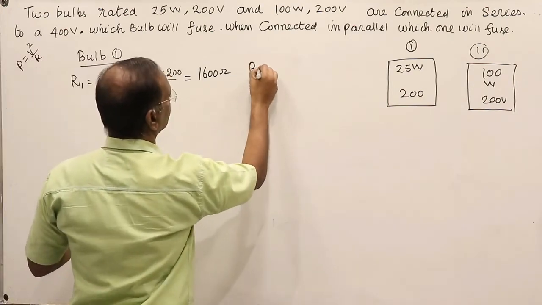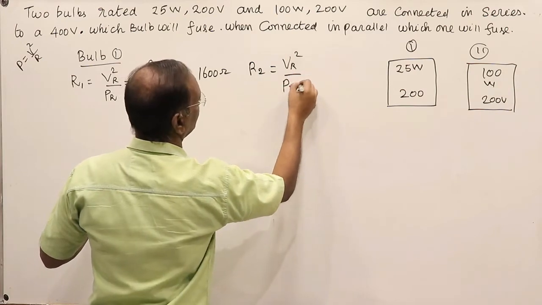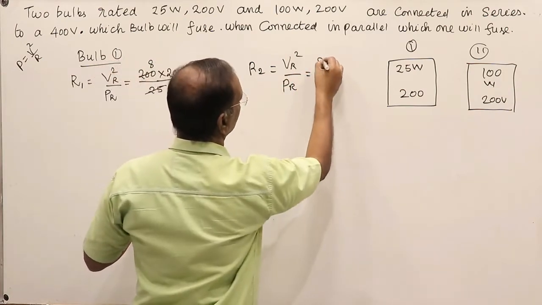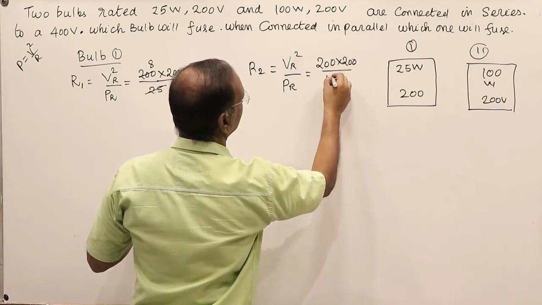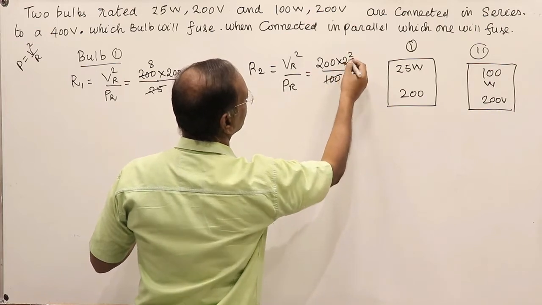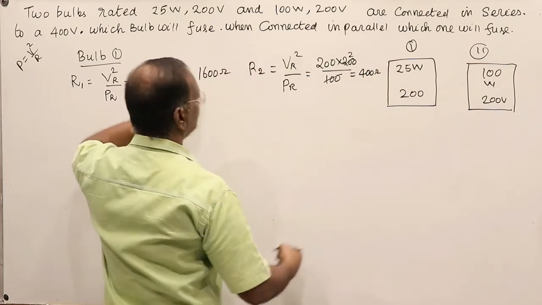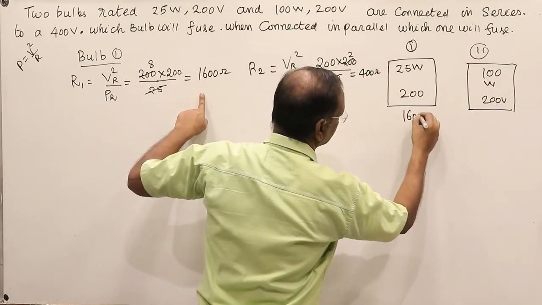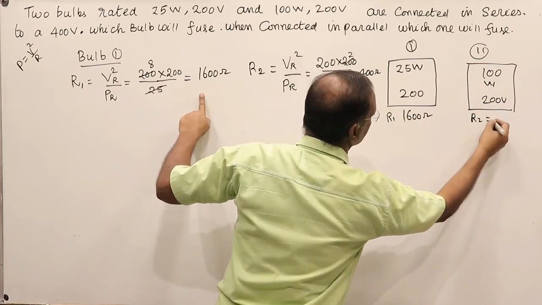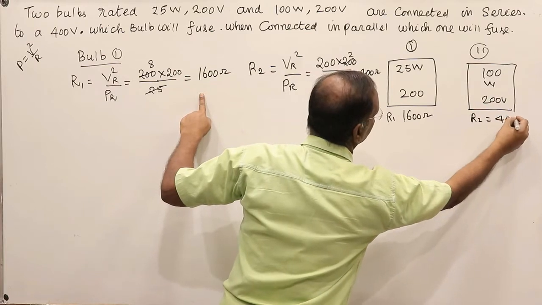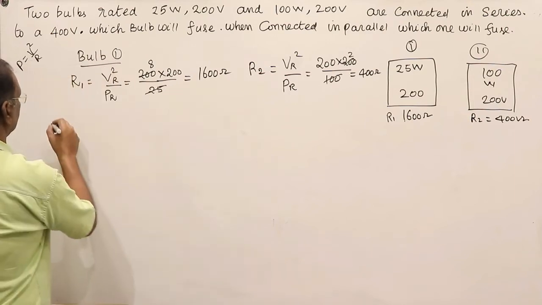The resistance of the second one is equal to V rated square by power rating, which is 200 into 200 divided by 100, equal to 400 ohm. So the first has resistance 1600 ohm and the second has resistance 400 ohm. Now let us find the allowable current.